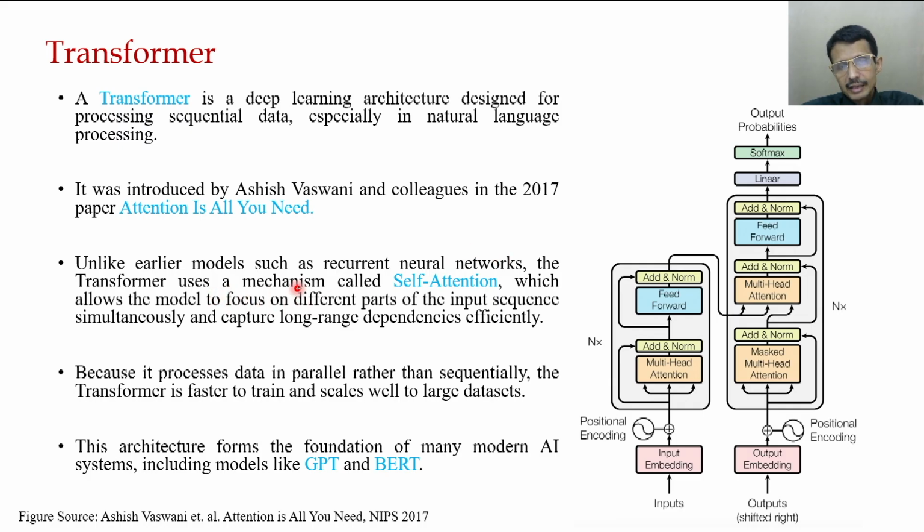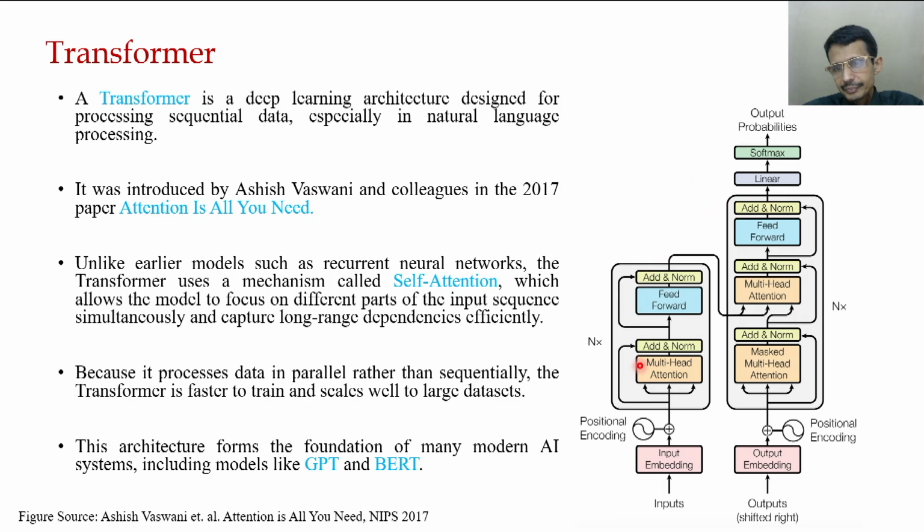Here, the transformer uses another typical attention called self-attention, which allows the model to focus on different parts of the input sequence simultaneously and thus capture long-range dependency efficiently. And that is one of the reasons that make the transformer very popular and very efficient, specifically for sequential modeling and mostly in natural language processing tasks.